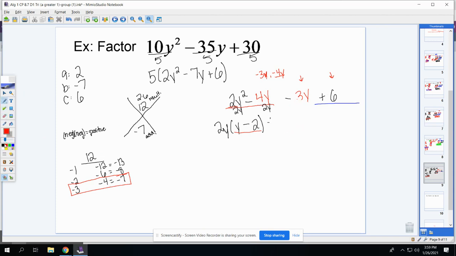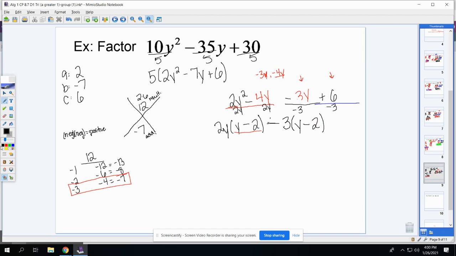So when we do that, we will take out a -3. 3 goes into 3y, and 3 goes into 6. So we're going to divide both of these by a -3. So -3y divided by -3 just leaves us with a positive y. And positive 6 divided by -3 is going to leave us with a -2.